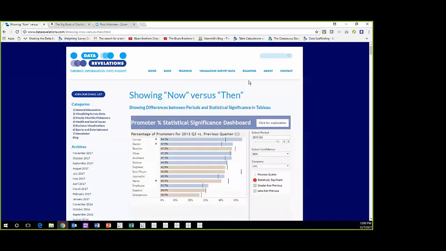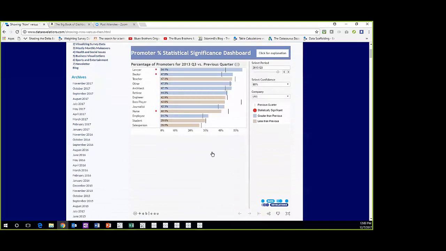I've got way better versions of this, but this is the percentage of people that promoted. And you notice that I can't miss seeing the red dot because human brains are wired to see things like that red dot, and that means the change from the previous period was significant. Click for explanation.